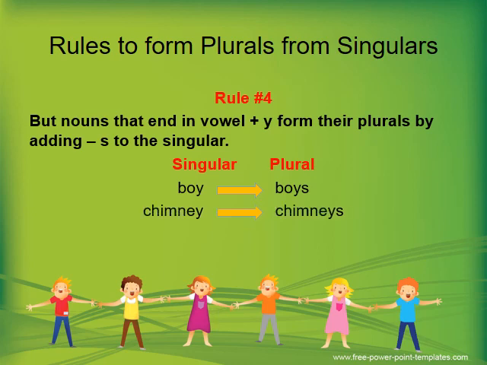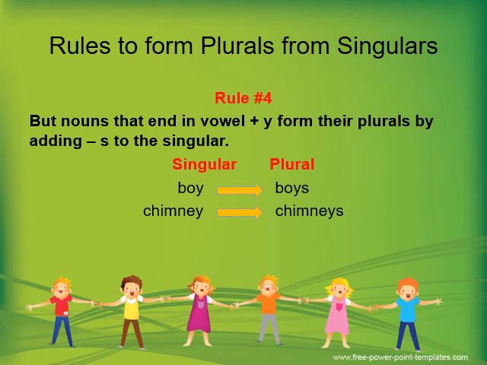Chimney. Again, let's see. Chimney is a singular noun that ends in y, but before y you can see there is a vowel, that is e. So e is a vowel plus y. So here, how do we form the plural of chimney? By adding s in the end.